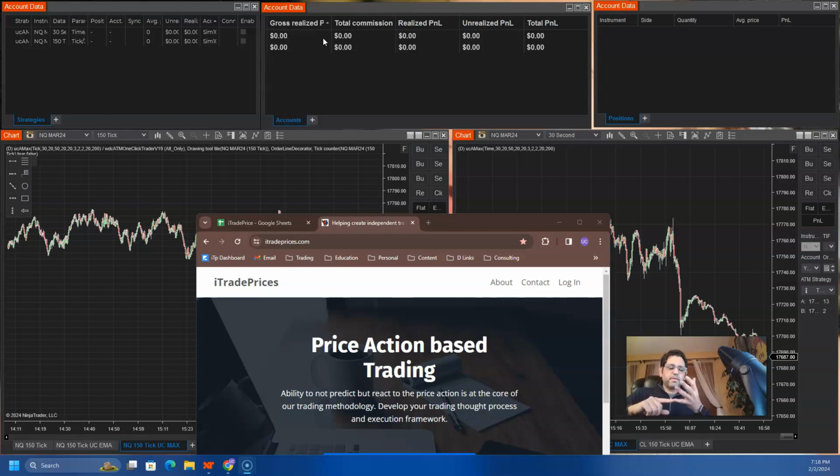I had in the back of my mind that people like to use it for Apex, because Apex has some really restrictive rules around the drawdown, and also people have full-time jobs. They can't look at the market structure all the time. They can just put the bot on and off.